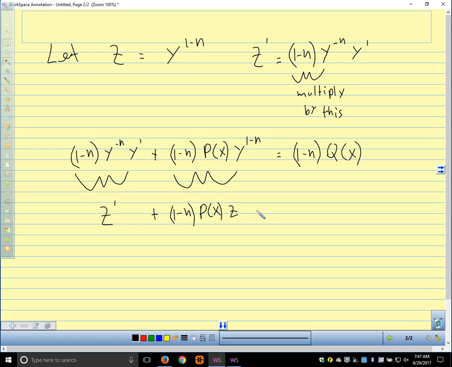And that equals 1 minus n, q of x. 1 minus n is just a constant. This is a first order linear differential equation.